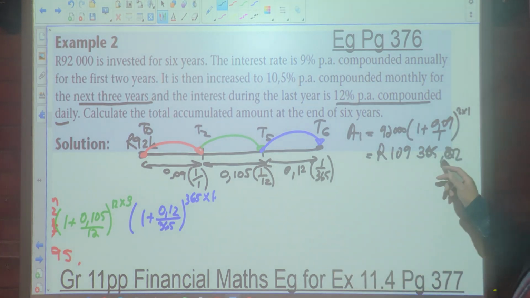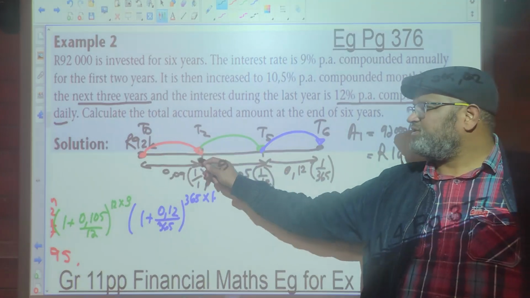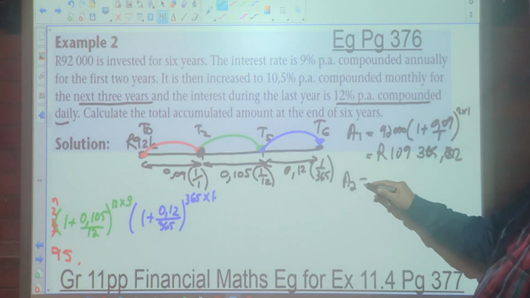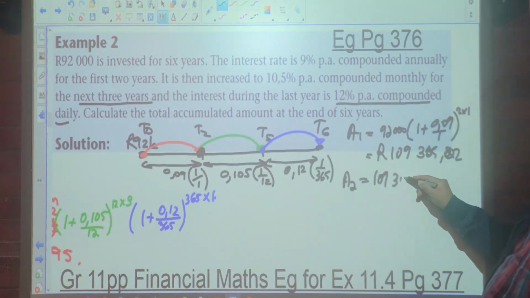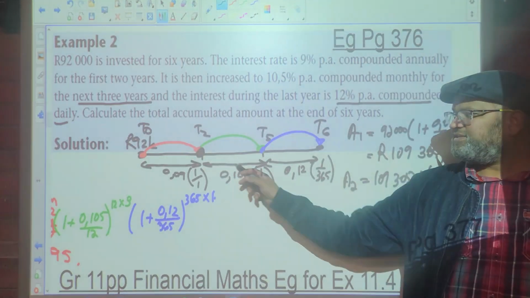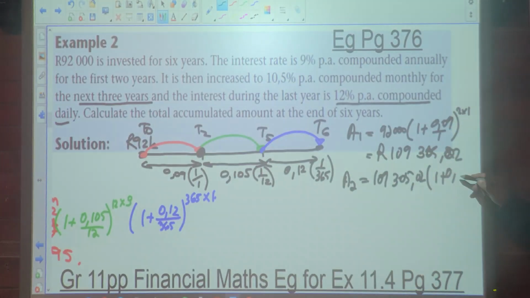Okay, so what happens now? This is your P value now. So for the second formula, A2 is going to be 109,305 comma 20 cents into 1 plus, what's your interest rate? 0,105 over 12 to the exponent 12 times 3.